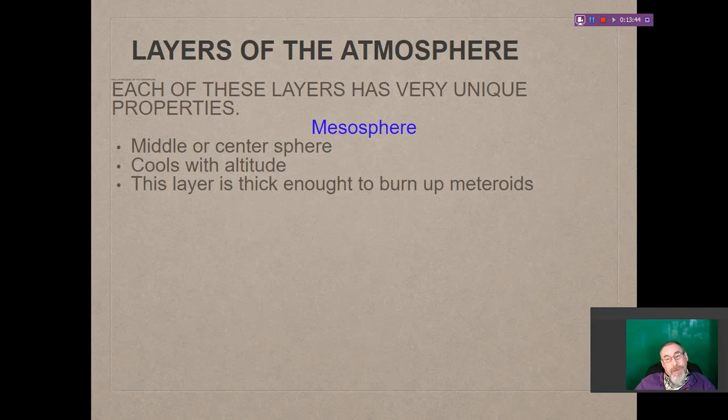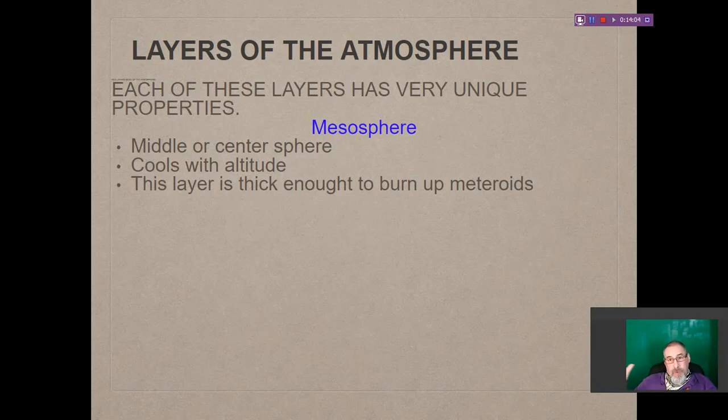Well, it's technically not a star. It's a rock that was in space, an asteroid, that has entered our atmosphere, and it starts to burn. As it burns it becomes a meteor, and it's burning up in that mesosphere.